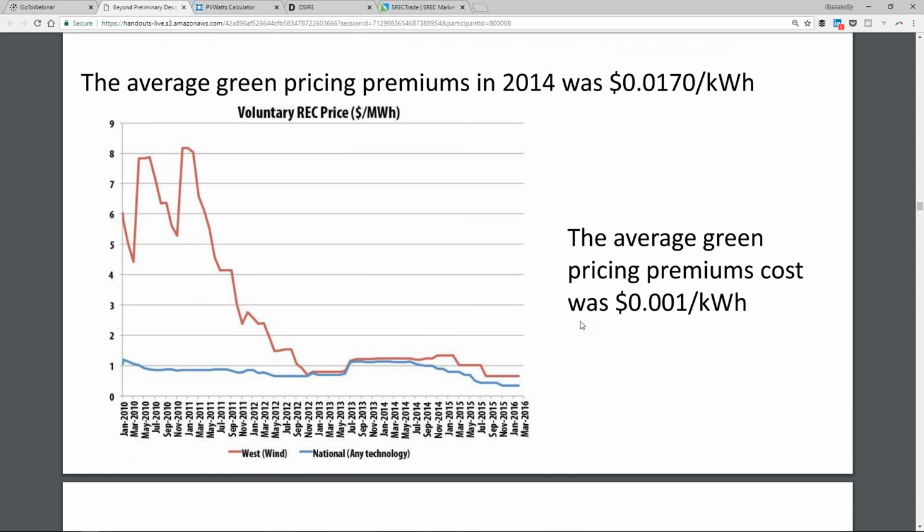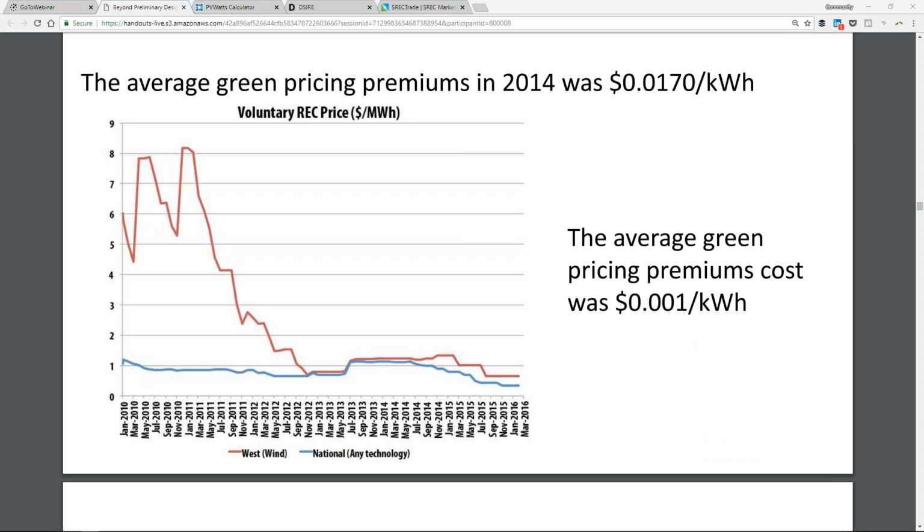And then you get the utility scale market, the wholesale market, if I'm in the business of buying and selling RECs. What is the average premium that I, as a utility who needs these RECs for my state level mandate, end up paying? How expensive are these renewable portfolio mandates?